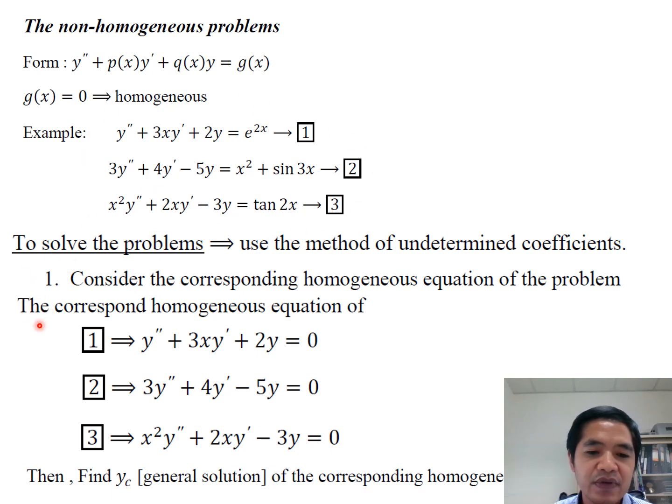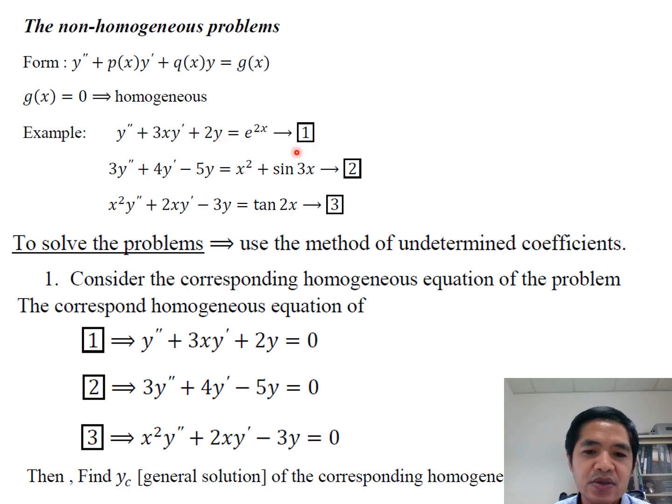Okay, to solve this kind of problem, just follow these steps. First, consider the homogeneous equation, which is the left hand side. Think of this term on the left hand side as equal to 0.